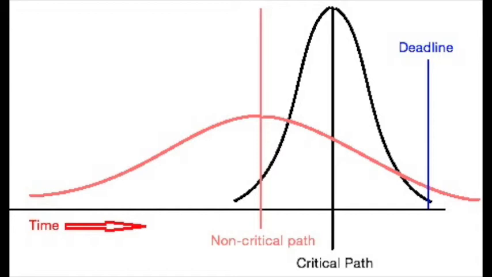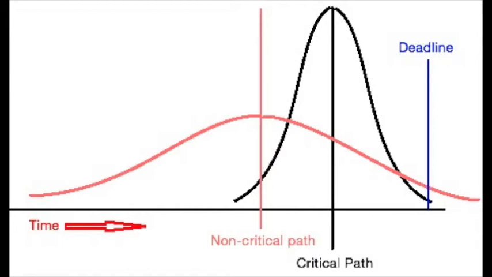Well, what can happen is that a non-critical path, which almost by definition takes less time than the critical path, may have a much larger variance than the critical path.